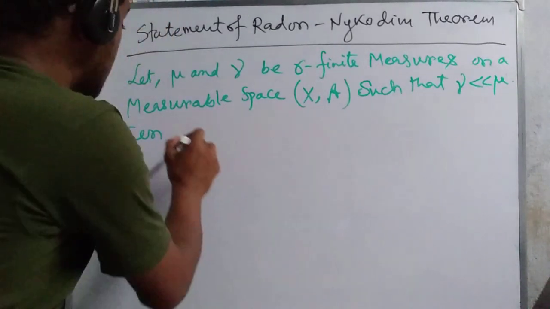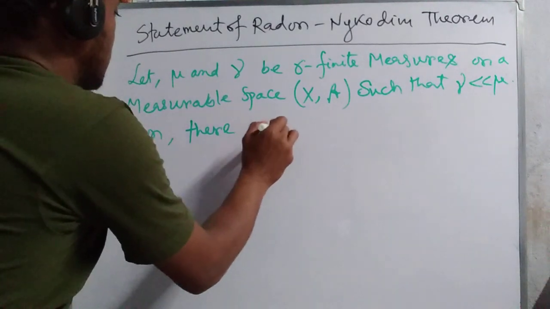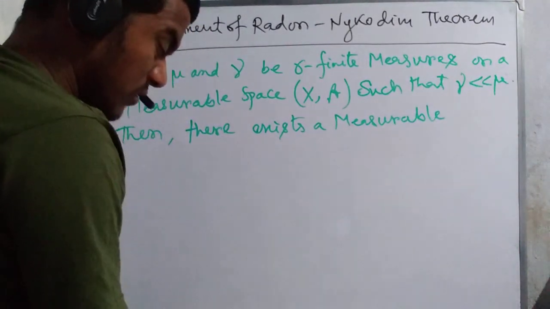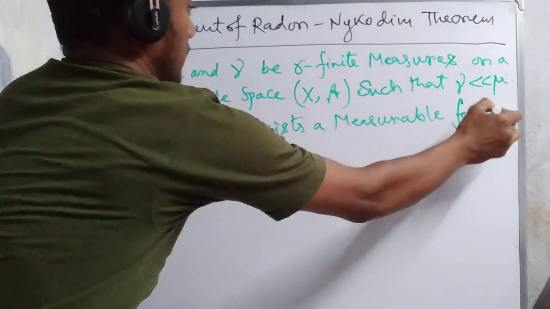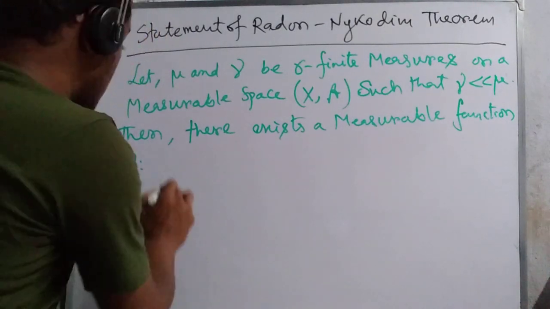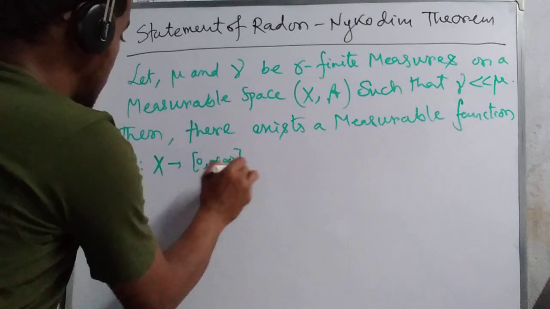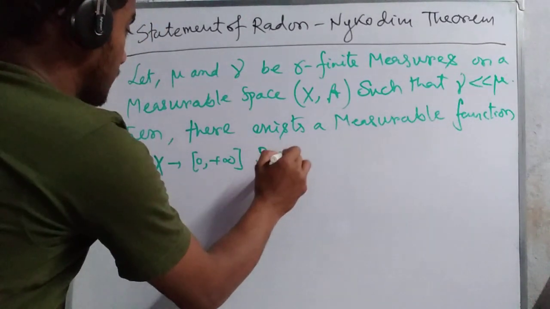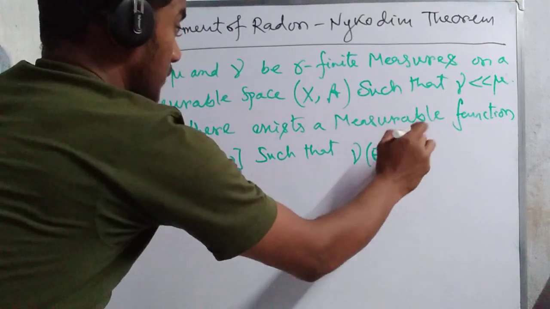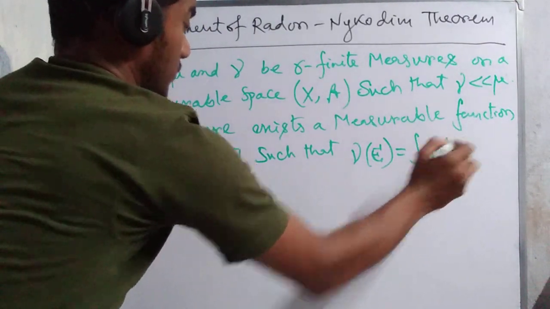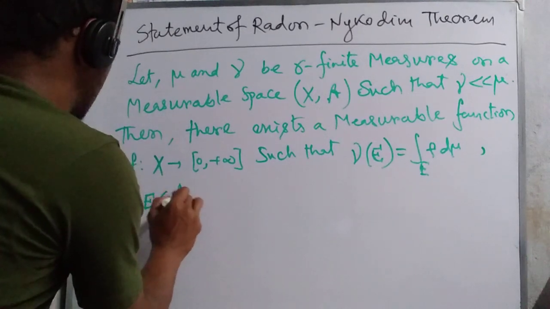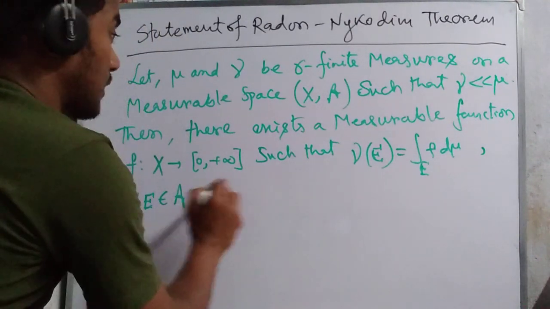Then what happened? Then there exists a measurable function f: X → [0, +∞] such that γ(E) equal to the integration over E of f dμ for all E belongs to this σ-algebra. Okay, marked as 1.